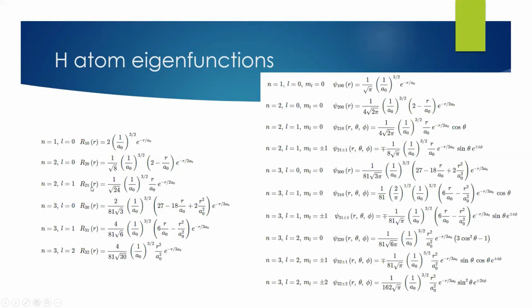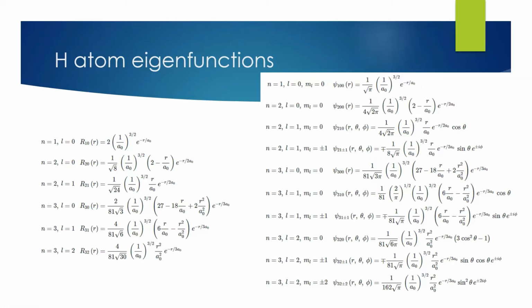So here are the various radial functions for R: 1,0, 2,0, 2,1, and then all for n equals 3. And if we want to see these in terms of the total wave function for the hydrogen atom, we need to put them in the context of these spherical harmonic functions. By simply multiplying these radial functions by the spherical harmonic functions that we've encountered before, we can come up with these equations.